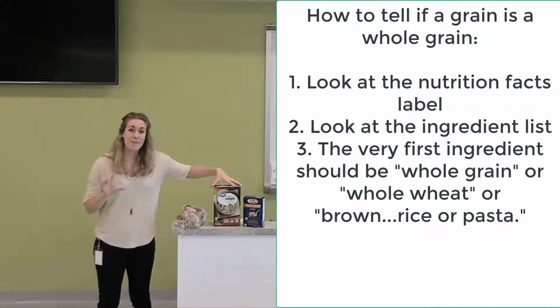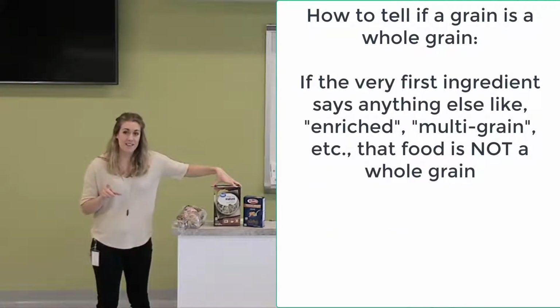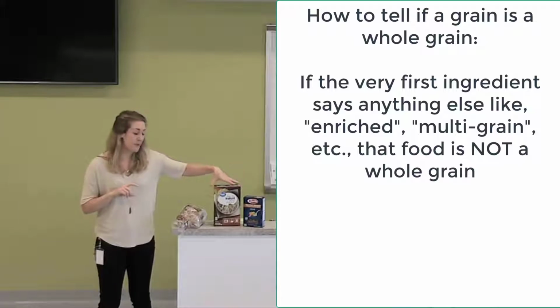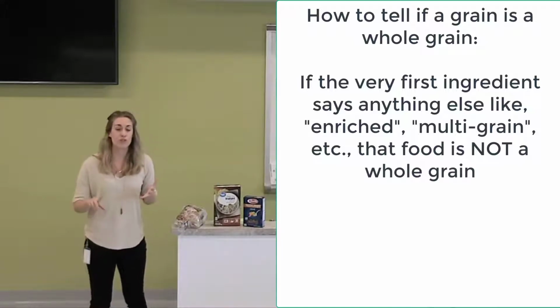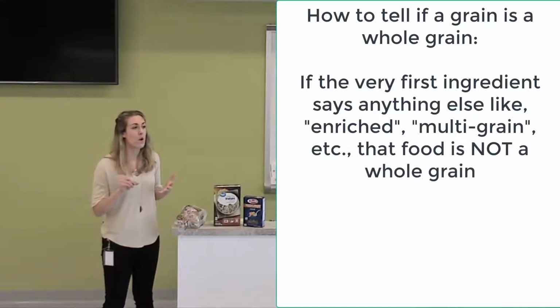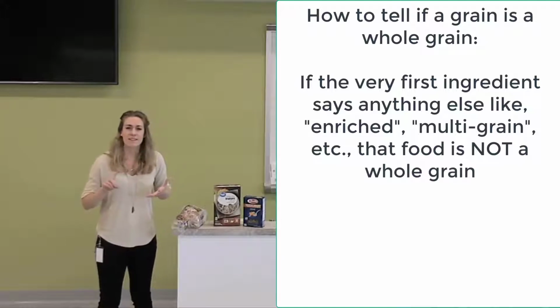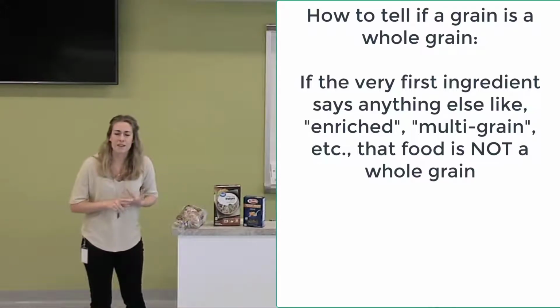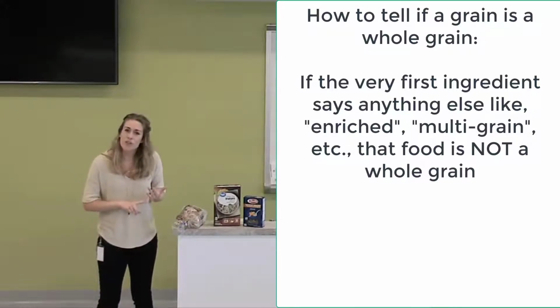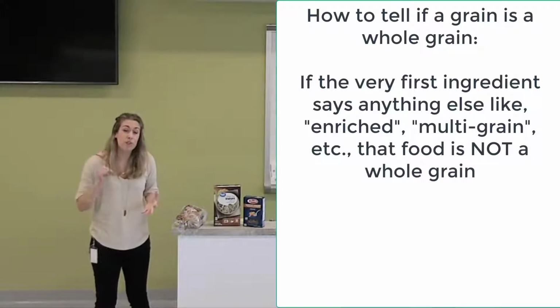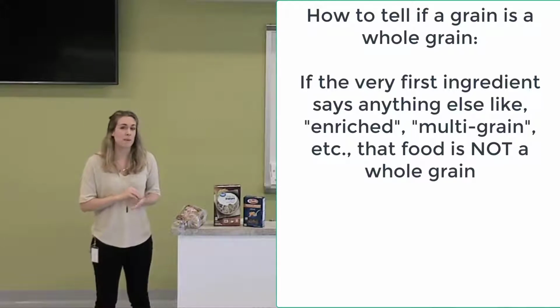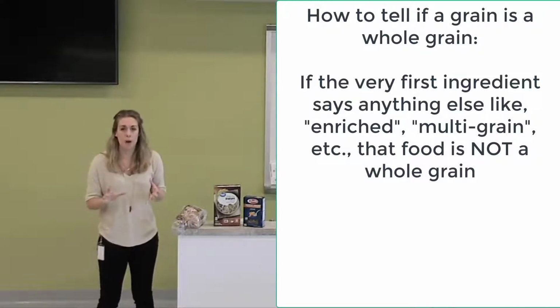But something that would indicate to us that it's not a whole grain would be if you see the words enriched or multigrain. Unless you're seeing whole grain, whole wheat, or the word brown as the very first ingredient, that item is not a whole grain, whole wheat product.